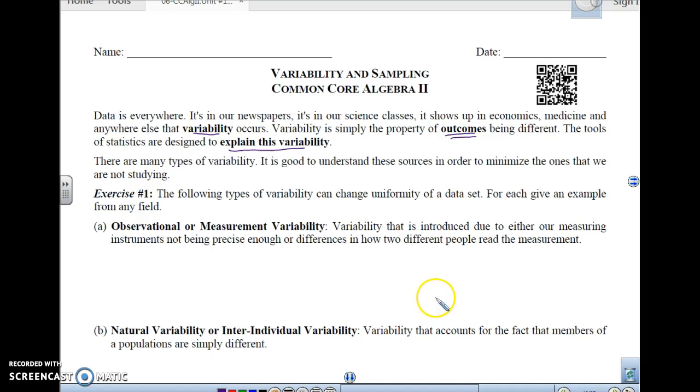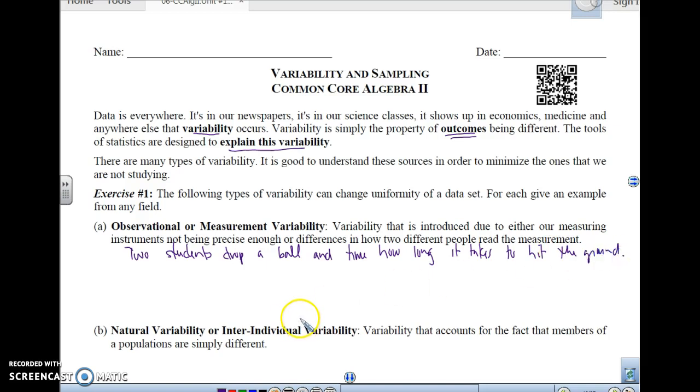Okay, so for example, if you have two students drop a ball, and they time how long it takes to hit the ground. So when it hits the ground, they take a measurement. All right, so why would that not be the same for every person?